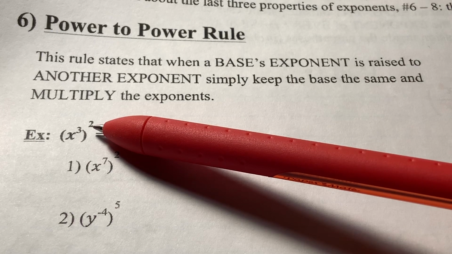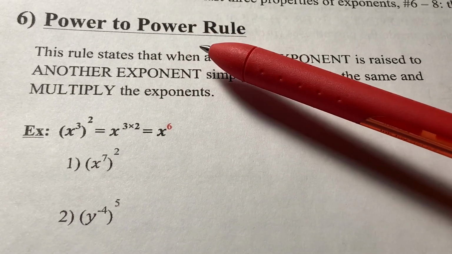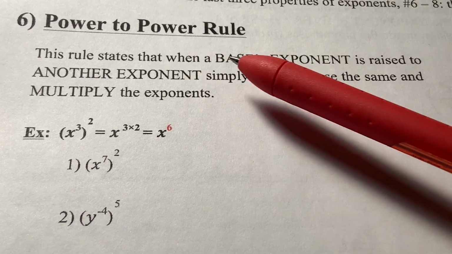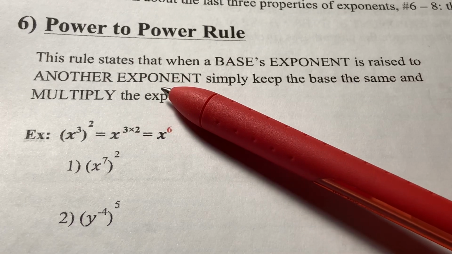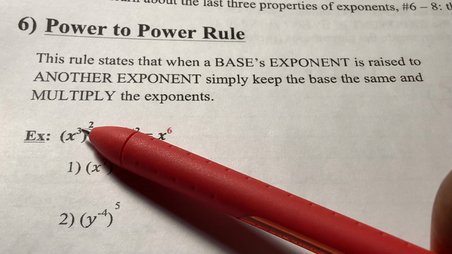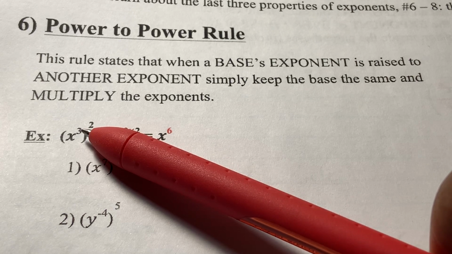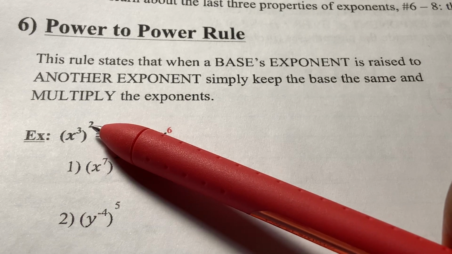So what do we do in this situation? We use what's called the power to power rule, which again states that when a base's exponent is raised to another exponent, okay? The base's exponent is 3, okay? But it's raised to another exponent, which is outside the parentheses, and there's the exponent 2.